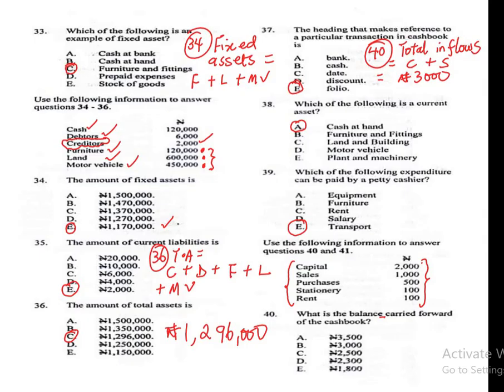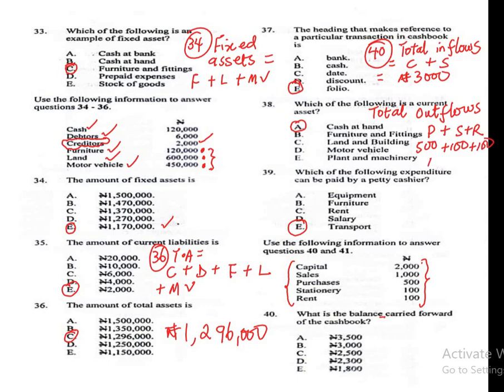Next, total outflow. Let's look for it. I've calculated total inflow. Total outflows is simply purchases plus stationery plus rent. So purchases is 500, stationery is 100, and the rent is 100.